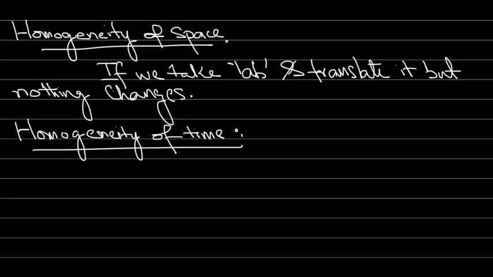They do not care what time it is. They're always going to remain the same. So it doesn't matter if you perform an experiment today or millions of years from today. The laws of physics of the experiment will not change, right? That's what homogeneity of time means.